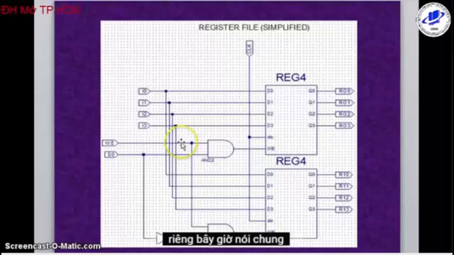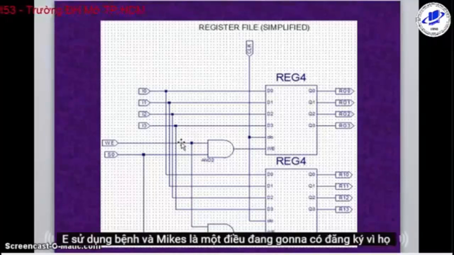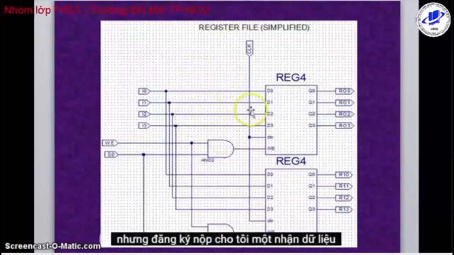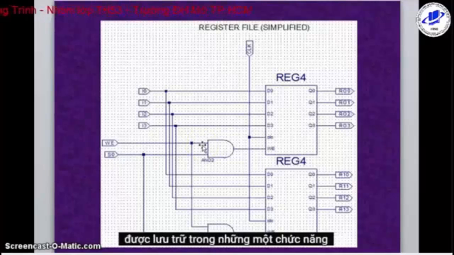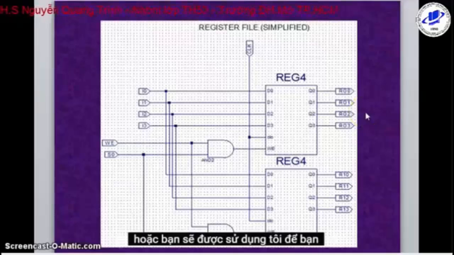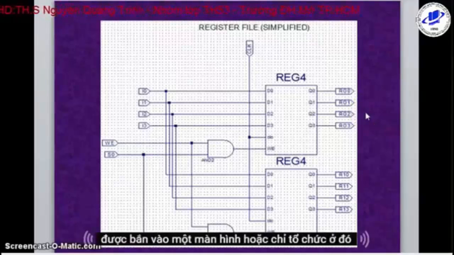Now, generally, ALUs and muxes and other things are going to have registers because they also need to store data. But a register file may receive data that is stored in those functions and then be used to either be spit back into those functions, or be shot to a display or just held there.